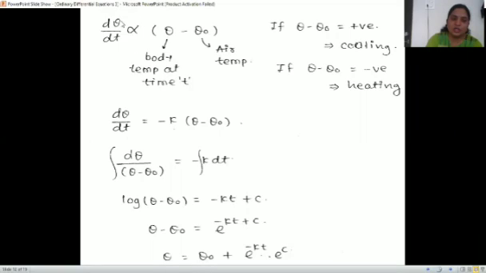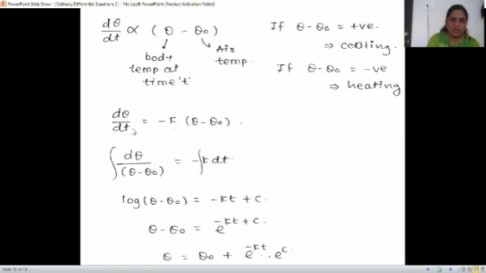Then the rate of change of temperature with respect to time is directly proportional to θ − θ₀. If θ − θ₀ is positive, we can say it is cooling. And if θ − θ₀ is negative, I can say it is heating. So for dθ/dt, as it is cooling, we have to write it with a minus k, negative.